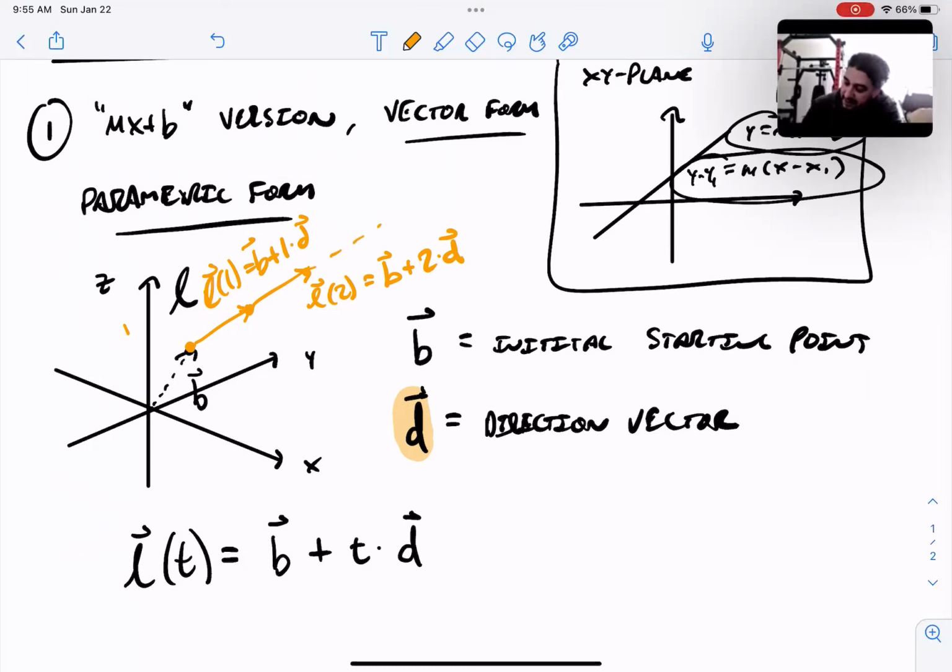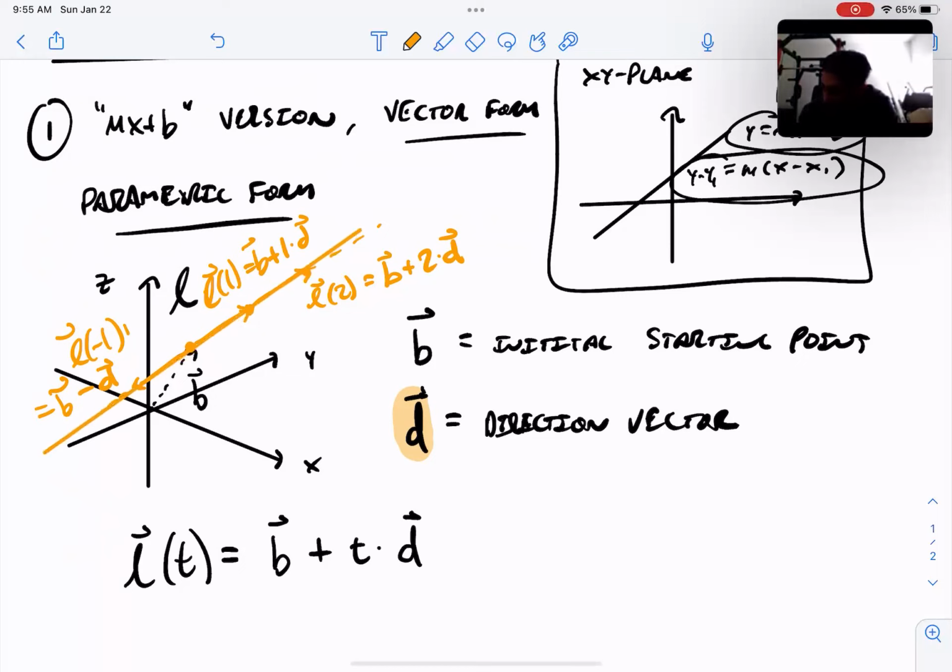You can go the other way too: L of negative 1 would be B minus the direction vector, negative 1 times the direction vector, and so on. From that starting point B, you're adding every possible scalar multiple of the direction vector, and that gets you all the points up and down the line. You get an infinite line going nice and straight in both directions forever.